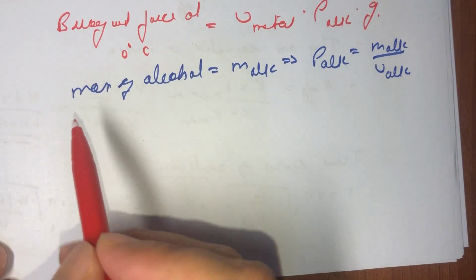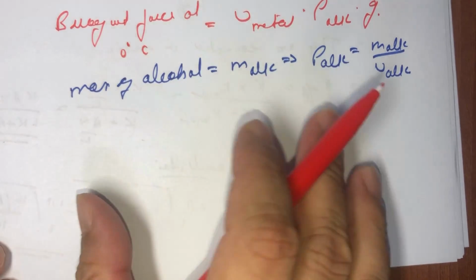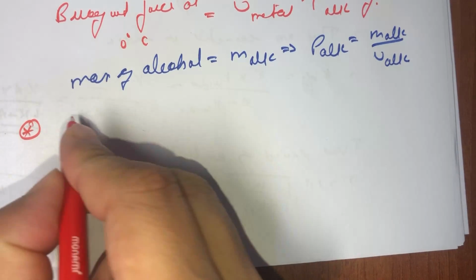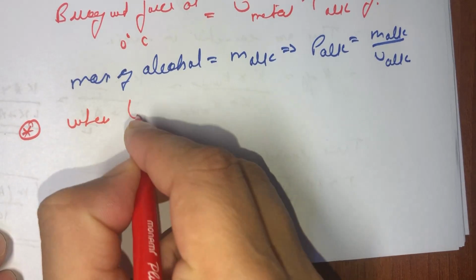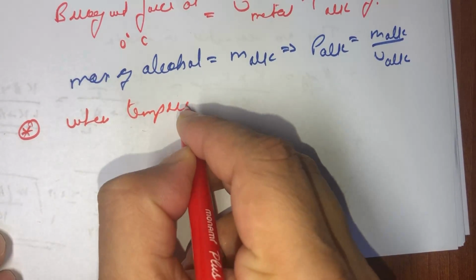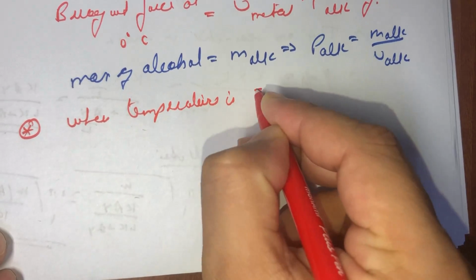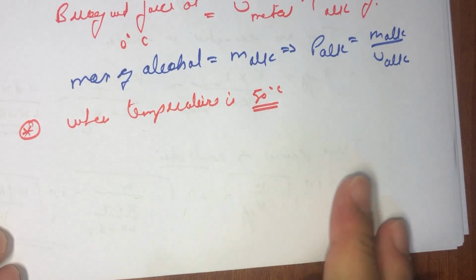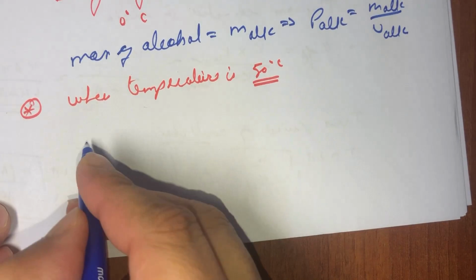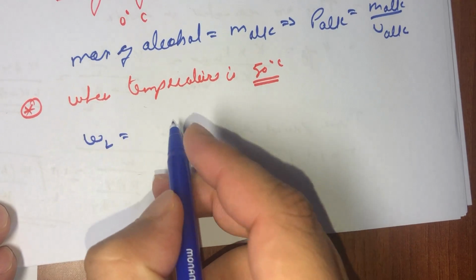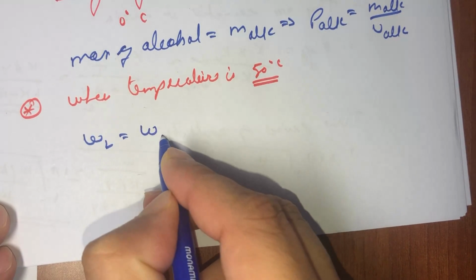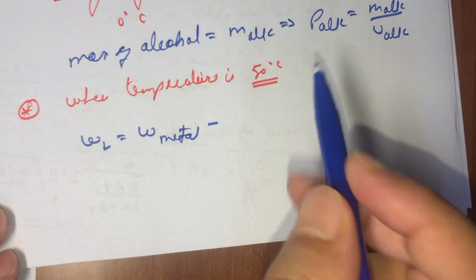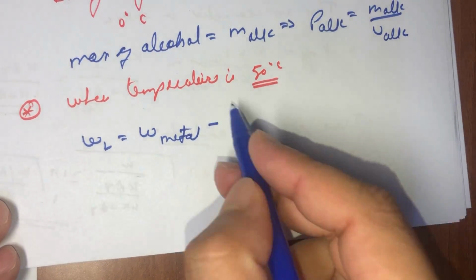Now let us do the same calculation at 50 degree centigrade. When temperature is 50 degree centigrade, we can write that W2 will be equal to our W metal, that is true weight, minus, and then we can use a standard formula.